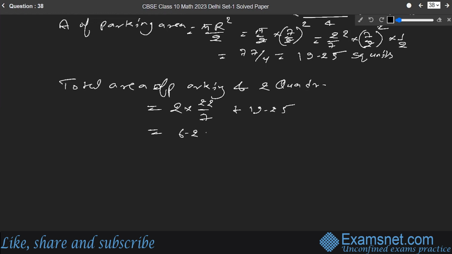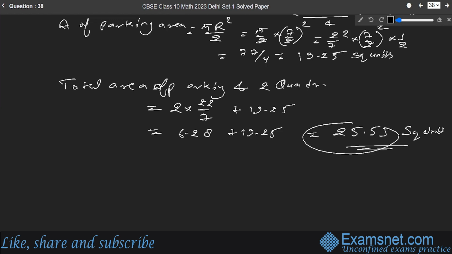So this comes out to be 6.28 plus 19.25, that is nothing but 25.53 square units. So that is the area of the two quadrants and the parking area, 25.53, and that is the answer of the second part.